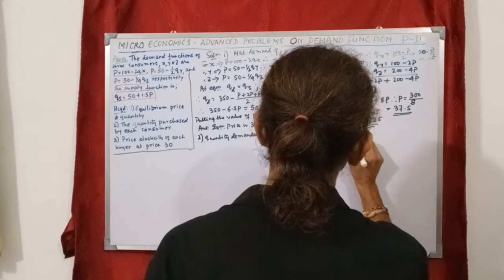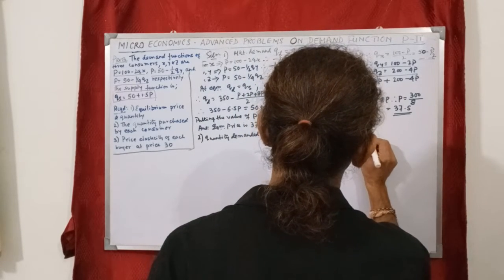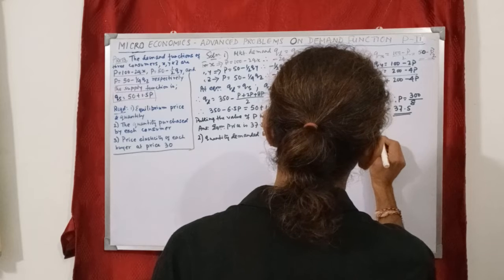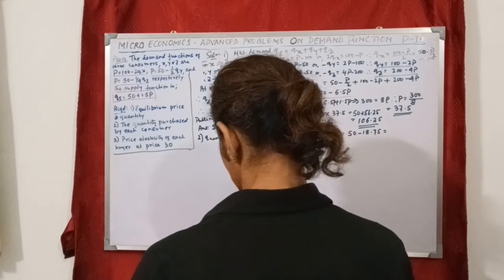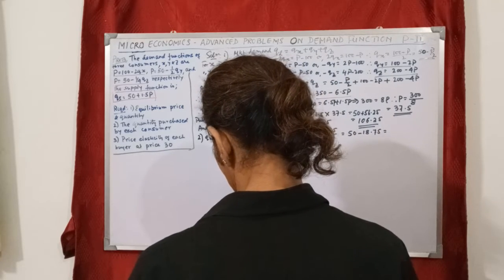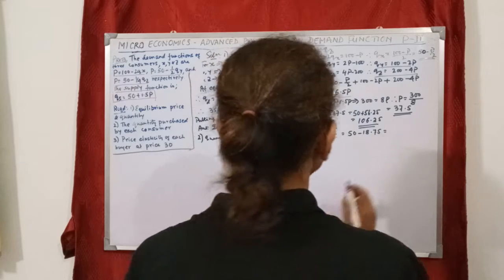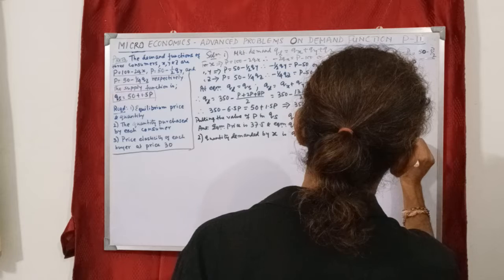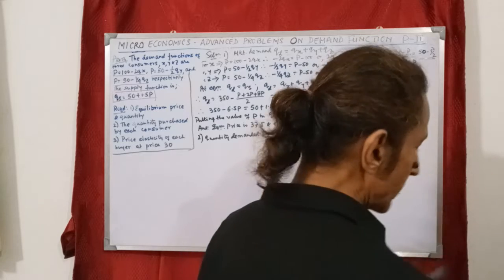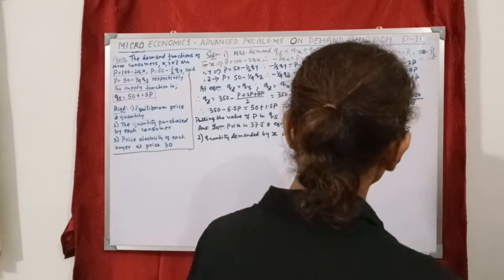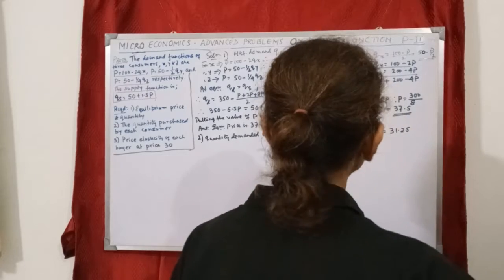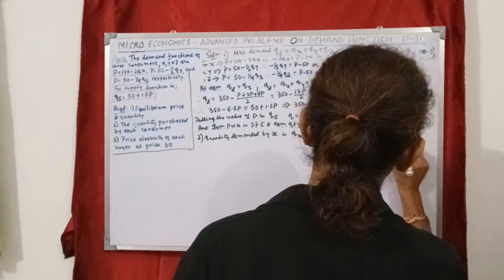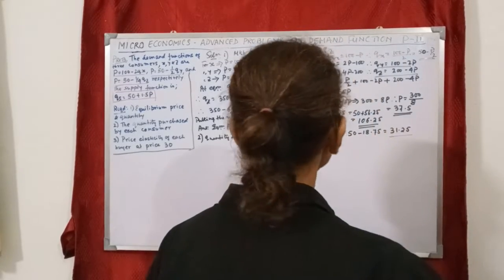So this is 50 minus 18.75, that is 31.25. So this is the quantity purchased by individual X.